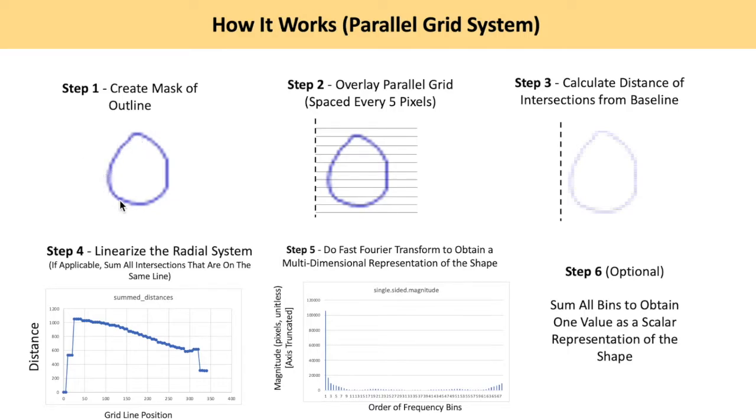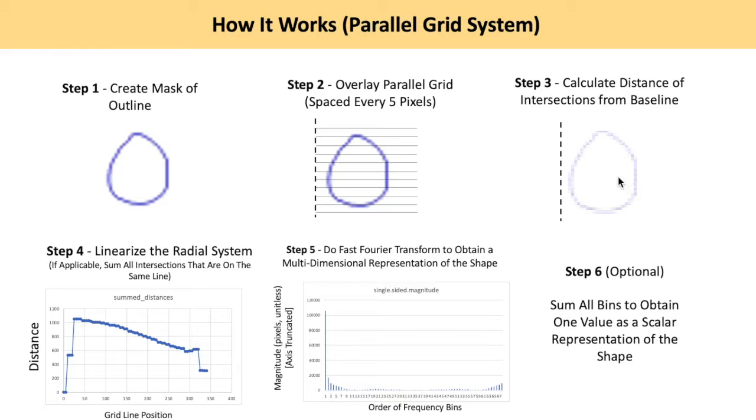Each cell needs to be segmented in order to obtain its outer edge. Then we overlay a parallel grid system, all of which extend from a baseline that's a uniform distance from the edge of every object so that we're consistent across all objects. This allows us to calculate the intersection of each grid line with the edges of the object, as can be seen in step 3.